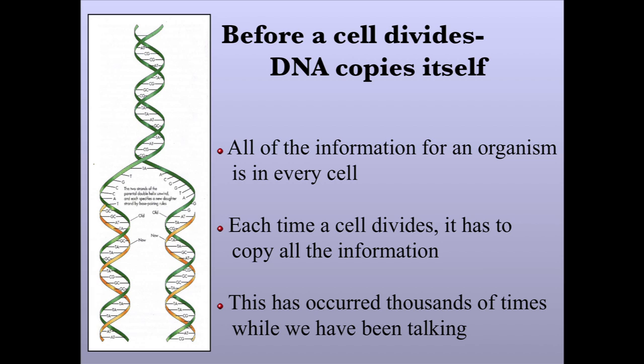Over billions of base pairs later. So before a cell divides, all that information that represents the information to code for a whole you is copied. And that's occurred several times since we've been talking here today.